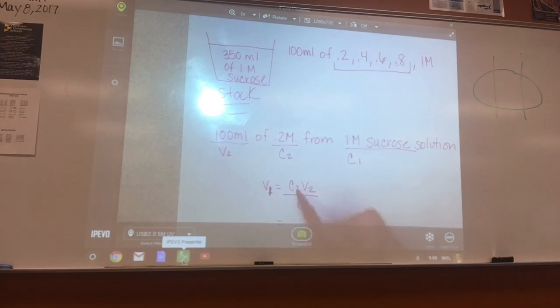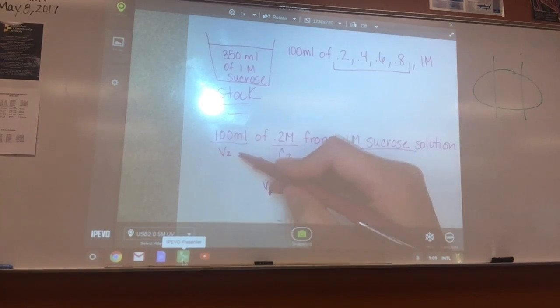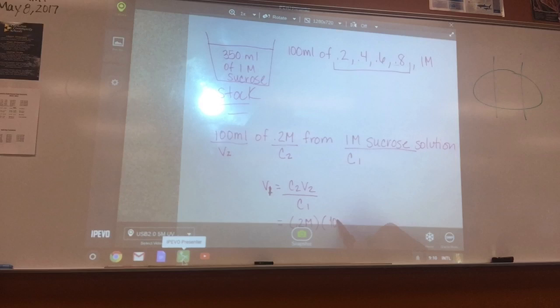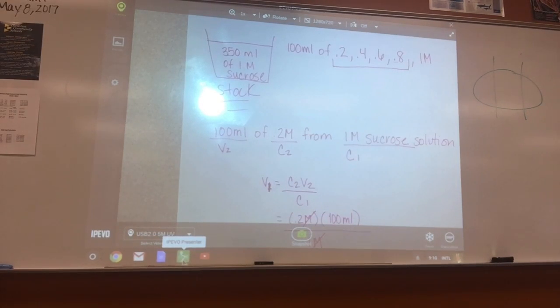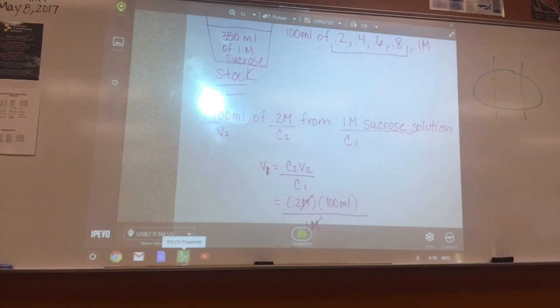C2 is 0.2 molar. Our V2 is 100 milliliters. C1 is 1 molar. So this is what it looks like. The molar units cancel out. We're left with milliliters. 0.2 times 100 gives us how many milliliters?